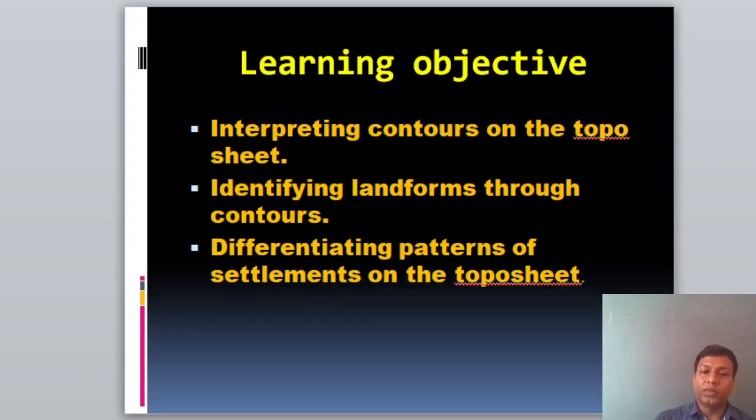So what is the learning objective of this chapter? Interpreting contours on the topo sheet, to understand what sorts of contour lines have been drawn on the topographical sheet. Identifying landforms through contours. Differentiating patterns of settlement on the topo sheet. This is the learning objective of this chapter.